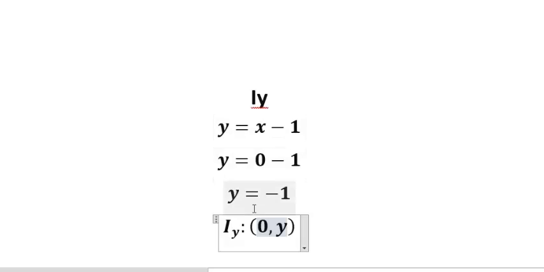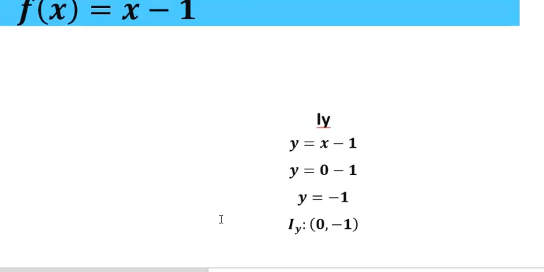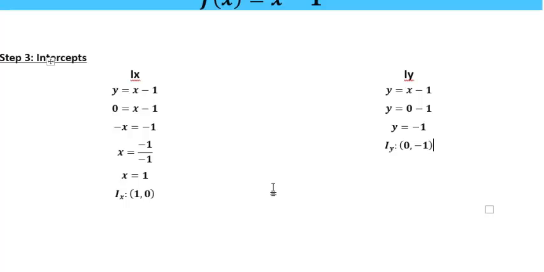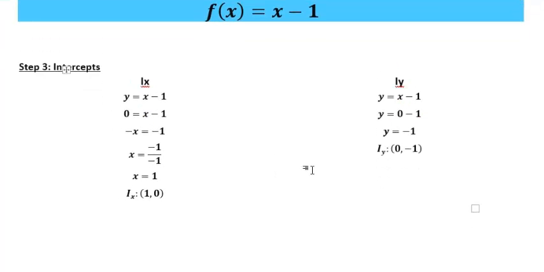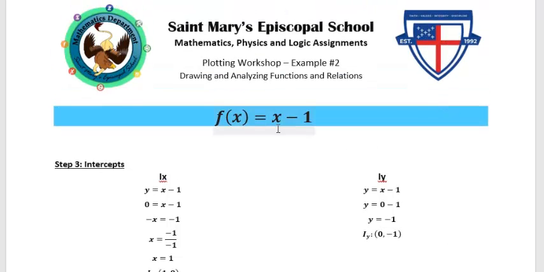And instead of y, I'm going to use the number that I found, so it will be (0, -1). So that way I have both intercepts, the x-intercept, which is (1, 0), and the y-intercept, which is (0, -1). Those will be the intercepts for our exercise.